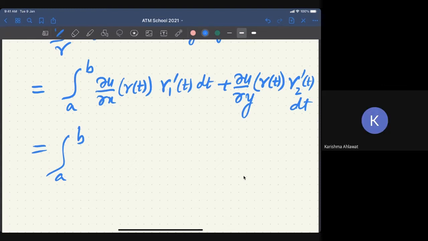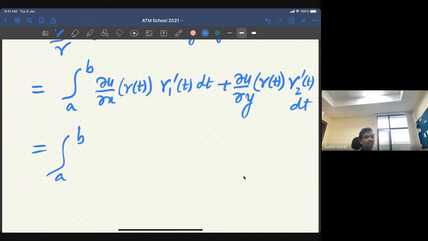It is d of u of gamma into d gamma. Okay, this is fine, but you can do it a little better. I want d/dt of something, and then dt.